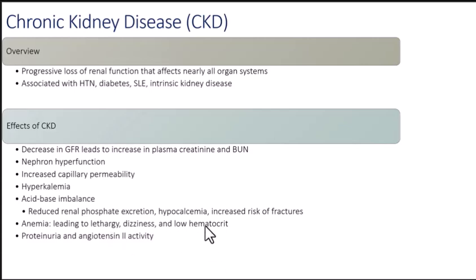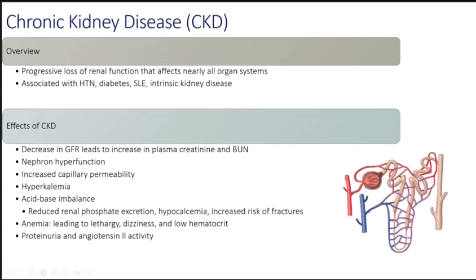Hematocrit, you might remember, is the volume percentage of red blood cells in blood that can be measured with a blood test. Now, to this last point, two factors that have been consistently recognized in advanced chronic kidney disease involve proteinuria, which we've talked about, as well as angiotensin II activity.